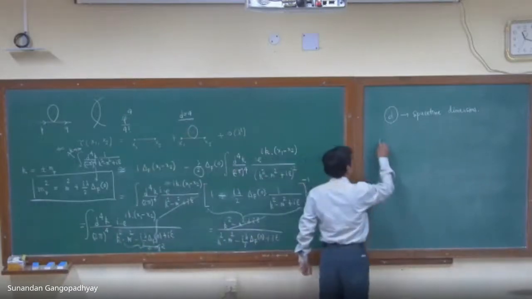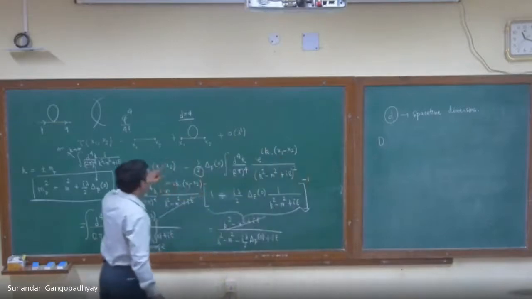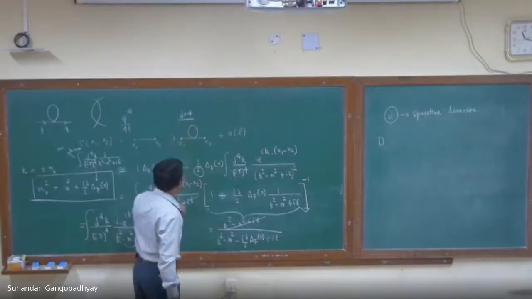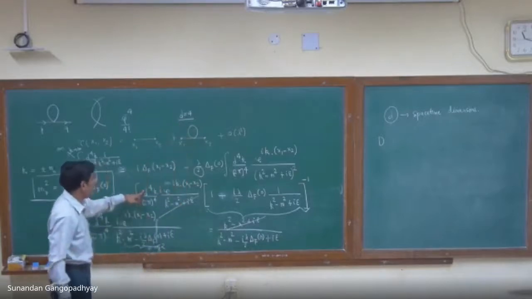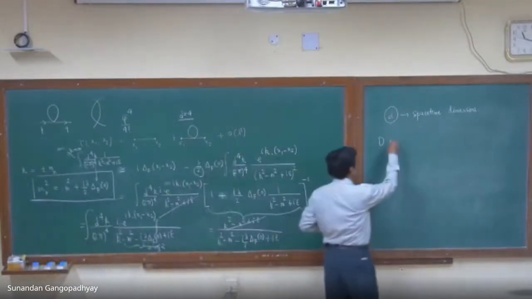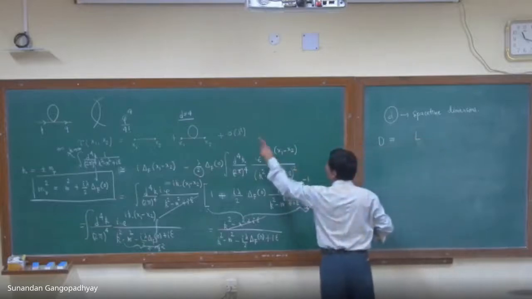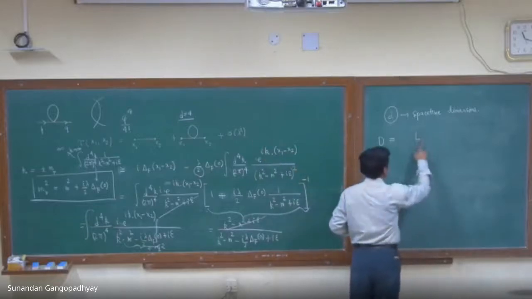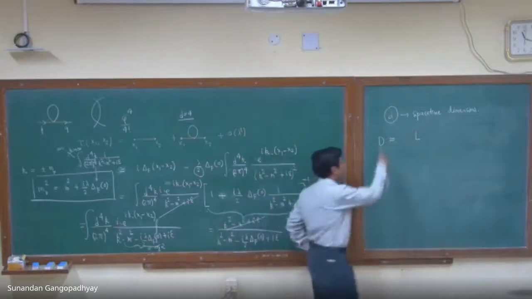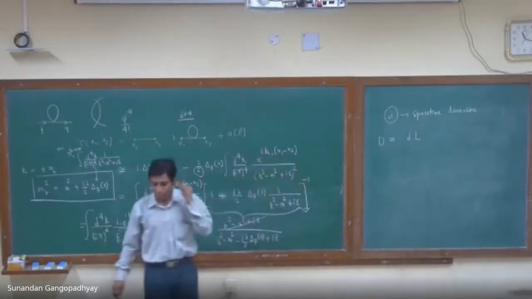If I call the degree of divergence capital D, then each loop in d equal to 4 space-time dimensions contributes 4 powers of k in the numerator. So if there are L loops in a Feynman diagram, in d space-time dimensions it will contribute d times L powers of k.